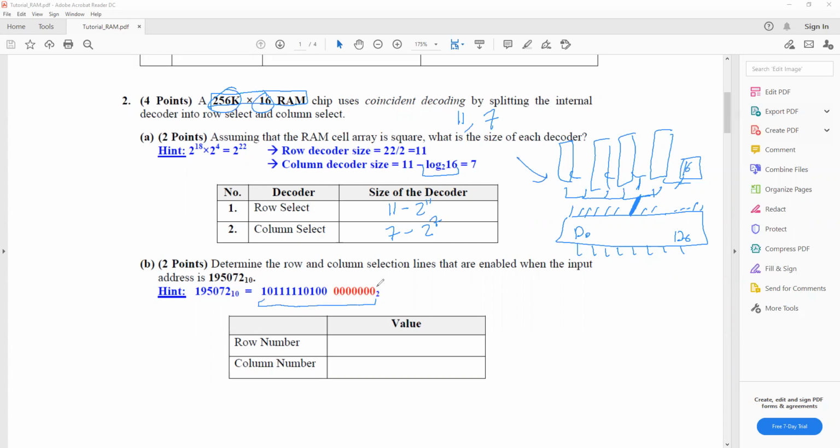So the lowest 7 bits will go into the column select, and the higher 11 bits will go into the row select. So for the column number, that's going to be column number 0. We're converting back to decimal.